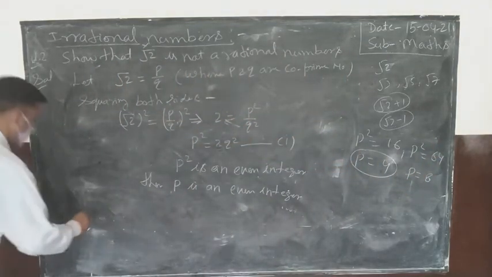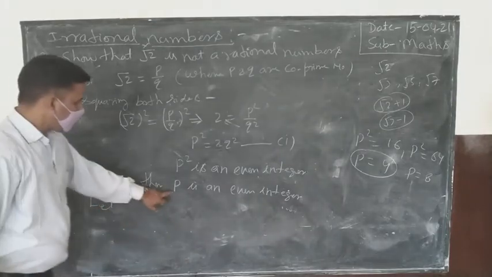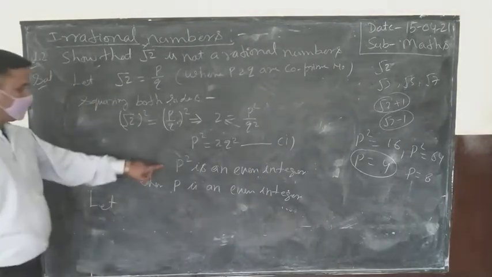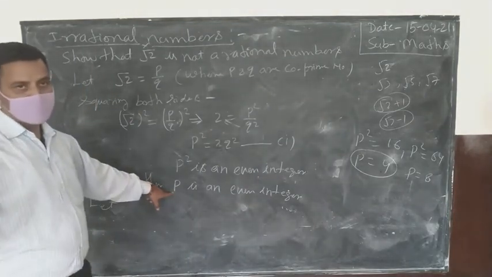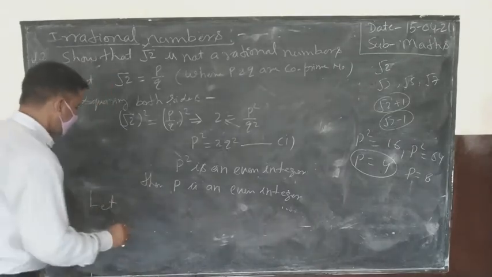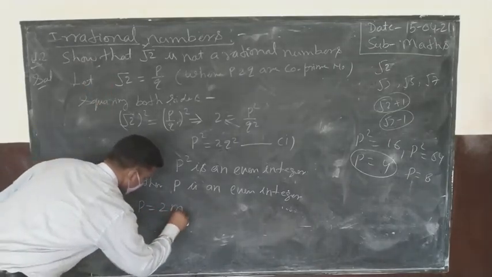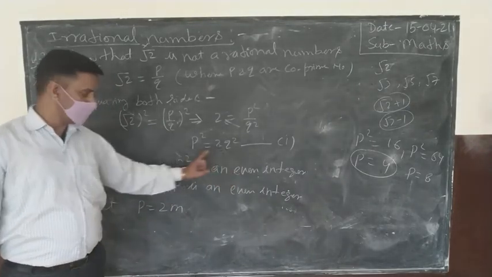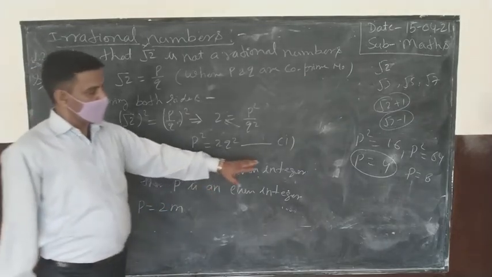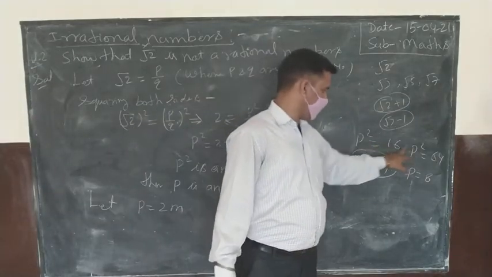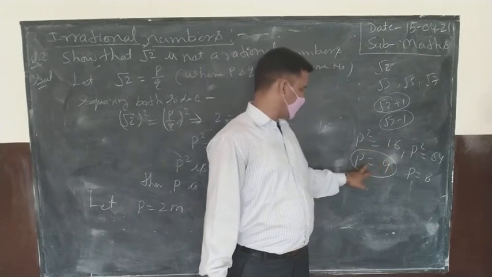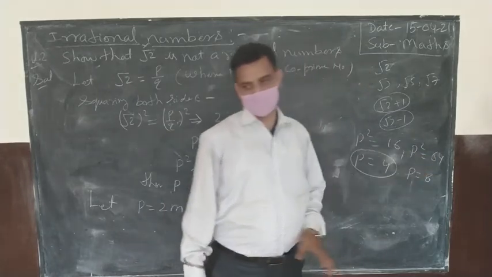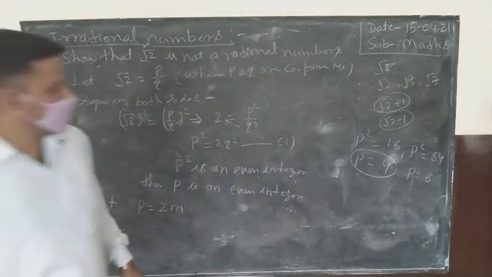So when P is an even integer, what is the possible value of the even integer here? We let P equal to 2n. According to this example, P square is an even integer, and P is also an even integer.